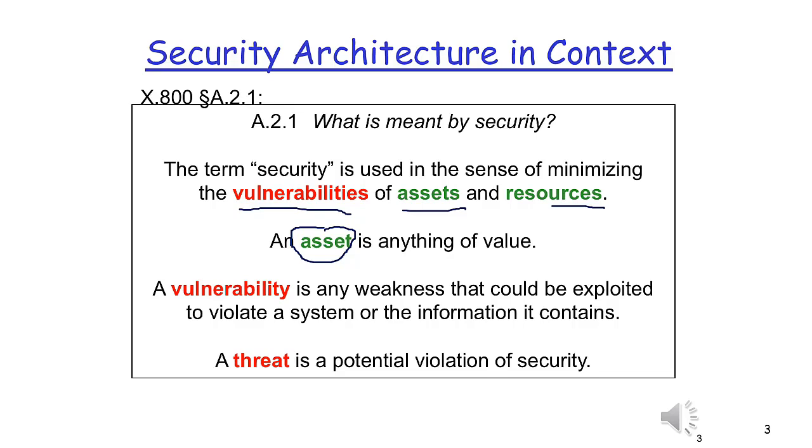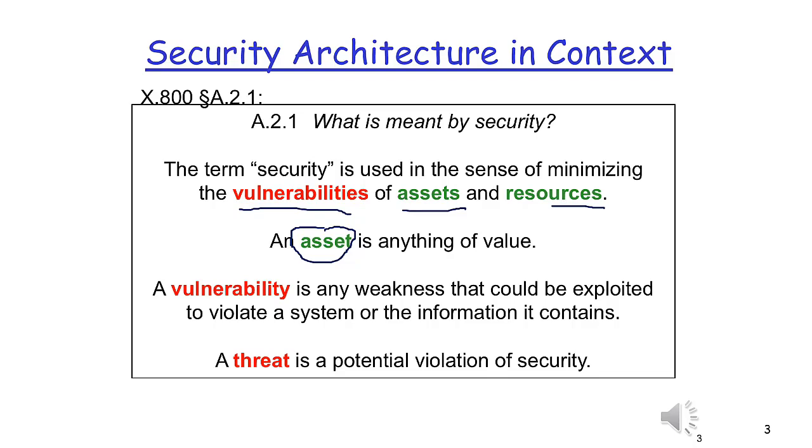A vulnerability, according to Stallings and X.800, is any weakness that can be exploited to violate a system or the information that it contains. In the actual lexicon of a security professional, a vulnerability is an undeployed exploit. We think about a vulnerability from a software manufacturer or a security company as a backdoor, a window.